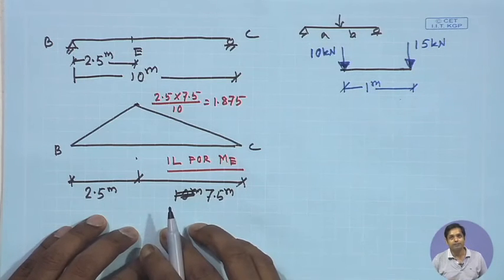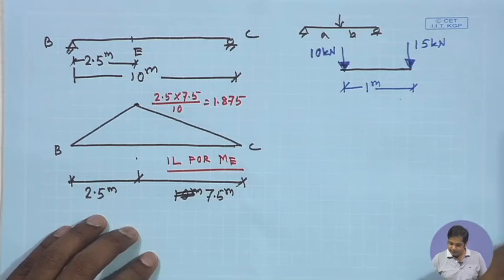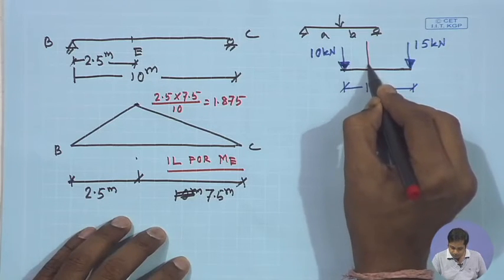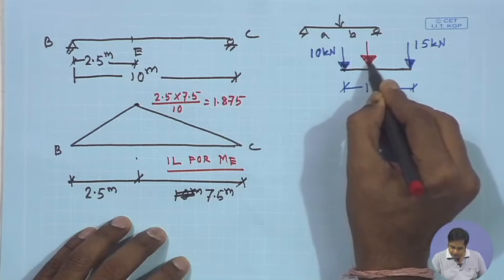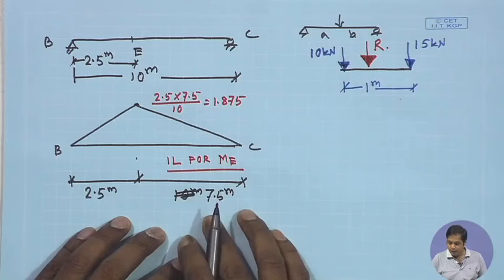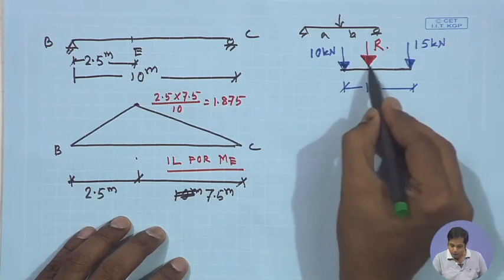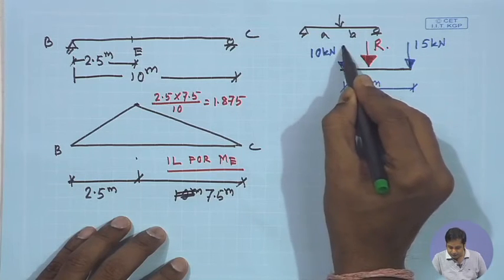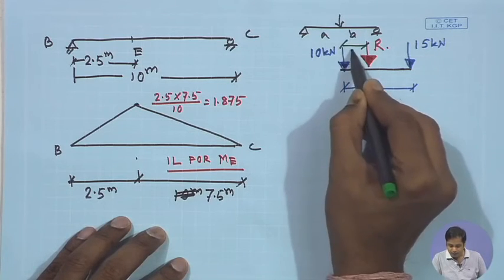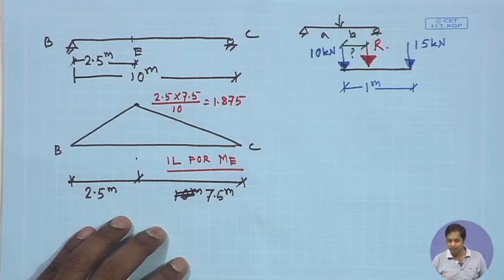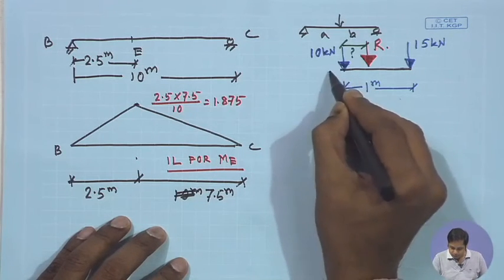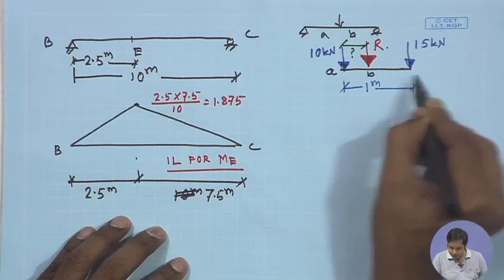Suppose this is the resultant of the load, R. Now, let us find out the value of R. At what point does this R act? What is this distance?